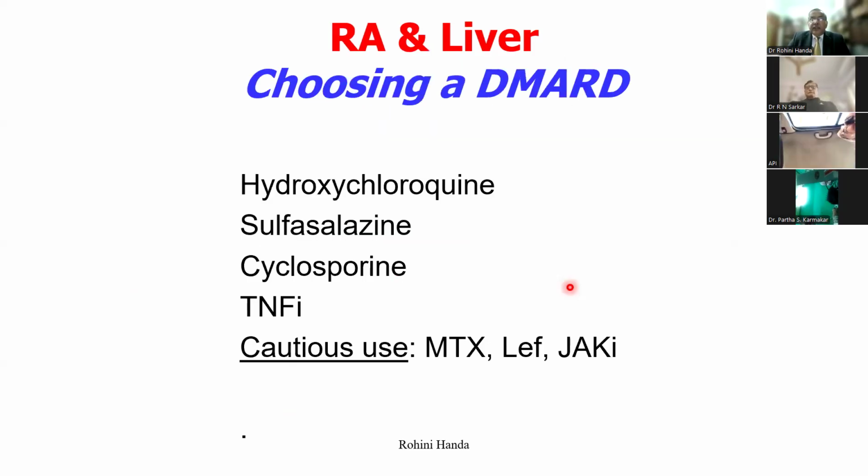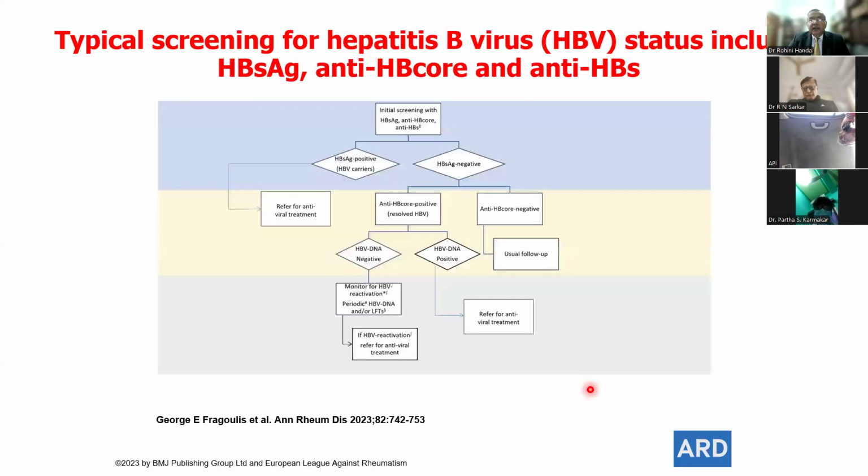In such a situation, use hydroxychloroquine, sulfasalazine, cyclosporin, anti-TNFs can be used, and you can reduce the dose of methotrexate, leflunomide, and JAK inhibitors. And this is an algorithm employed before starting anti-TNFs and JAK inhibitors and all biologicals.